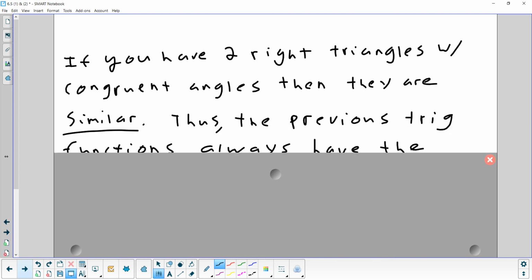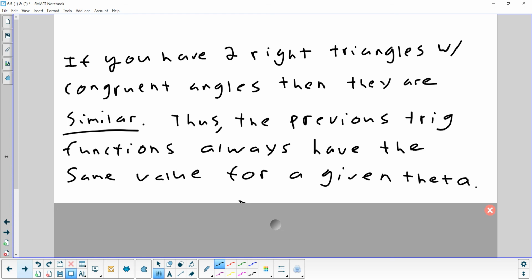So if you have two right triangles and the angles are congruent, then that automatically means the triangles are similar. Remember, similar from geometry means one is a larger or smaller version than the other, proportionally. Okay? It's like putting something on a photocopy machine and hitting 50%. It makes a proportional copy that's half scale.